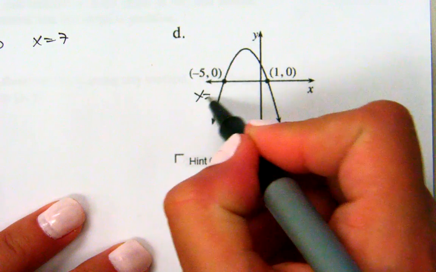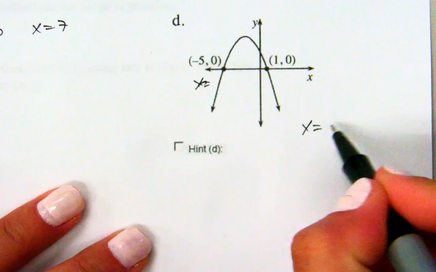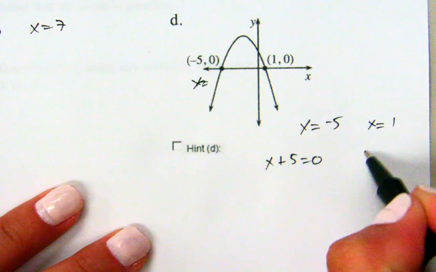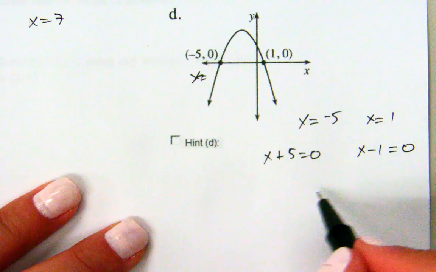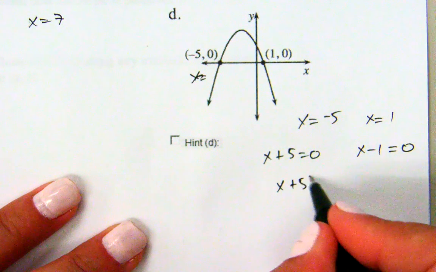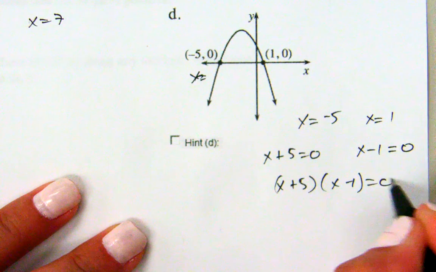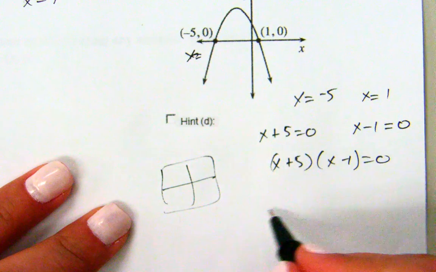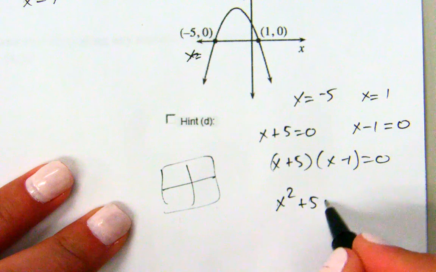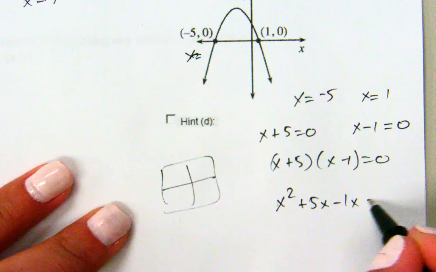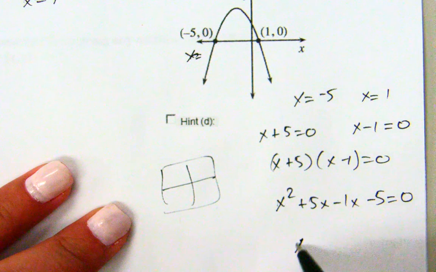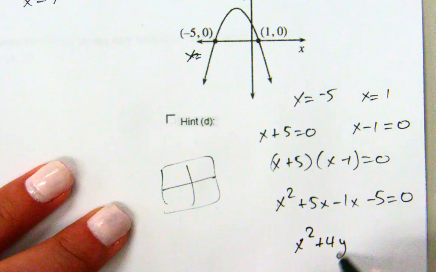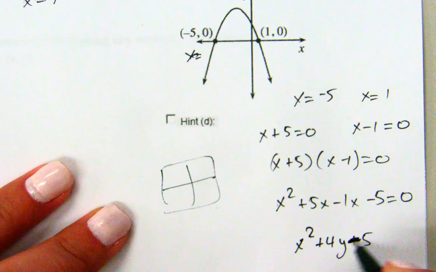So we have x equals -5, x equals 1, so we have x plus 5 equals 0, x minus 1 equals 0, and then we have x plus 5 times x minus 1 equals 0. Then if you do a box, that should give you x squared plus 5x minus 1x minus 5, which gives us x squared plus 4x minus 5.